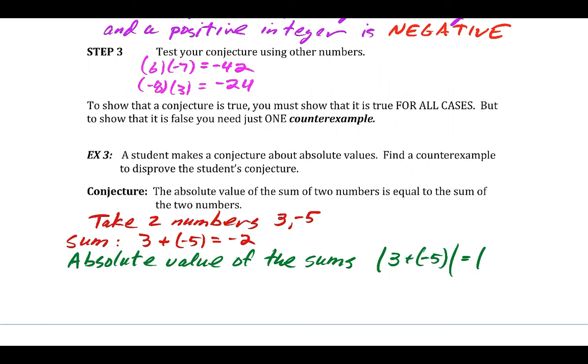Again, inside there, we'll get the absolute value of negative 2. But remember, the absolute value of a negative number is a positive number.